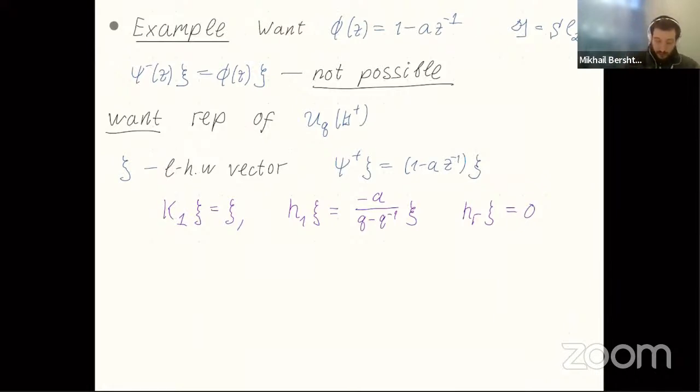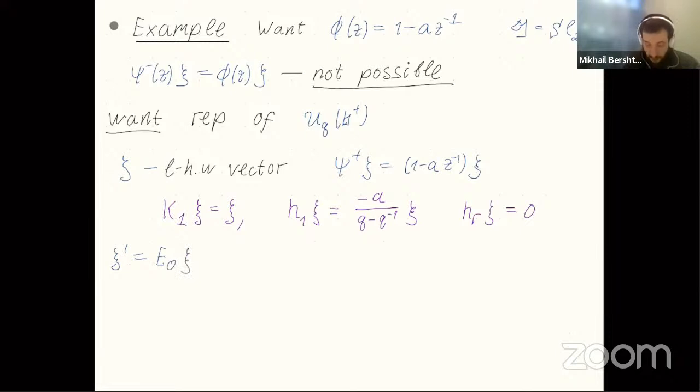Now let us act on its descendant. So assume that we have a vector, say psi prime, which is equal to E0 psi.